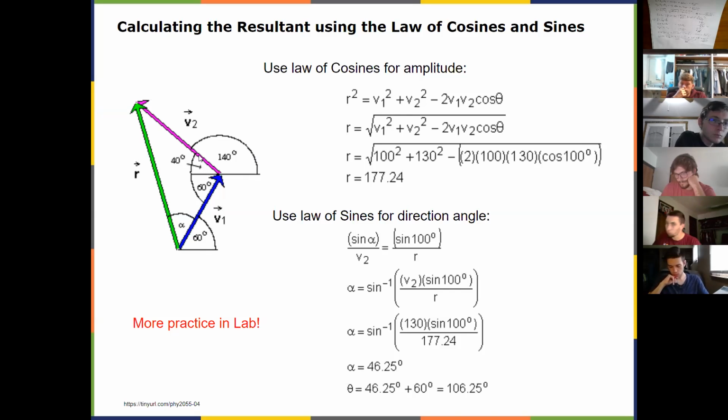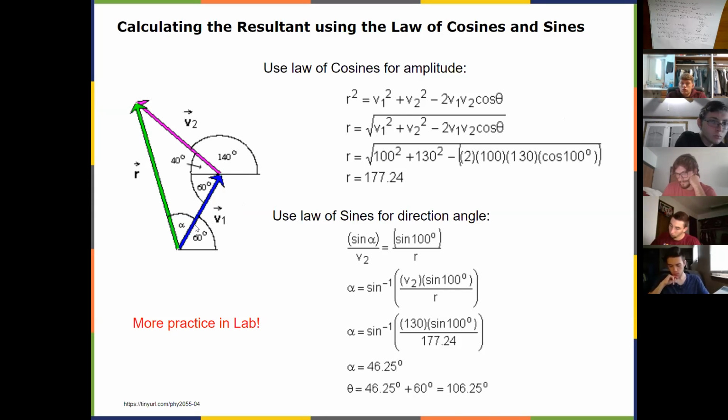So then you figure out that v1 and v2 have an angle of 100 degrees, which is 40 plus 60, okay? So between v1 and v2, the angle theta is 100 degrees. So you plug in the numbers, you can figure out the magnitude directly, okay? For the r vector, the resultant vector, all right?